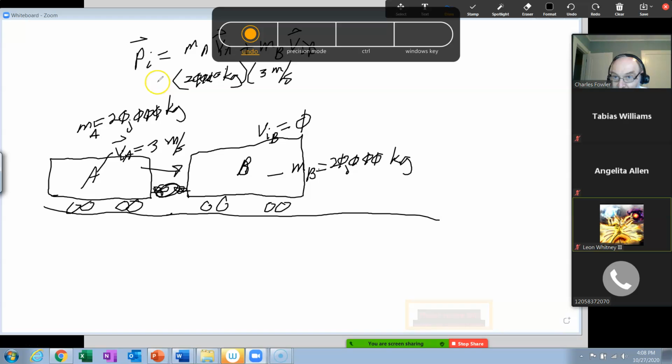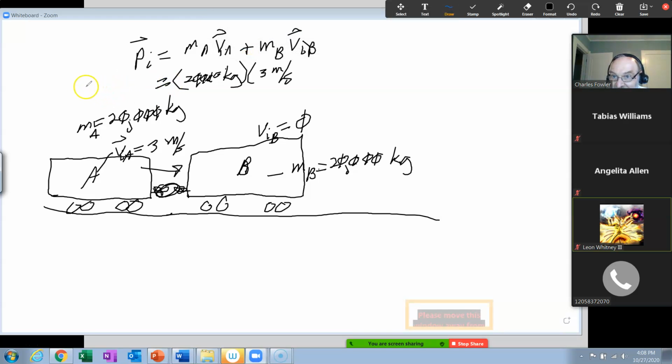So the initial momentum of the system here is 60,000 kilogram meter per second. That's your unit for momentum. That's the initial momentum of the system.